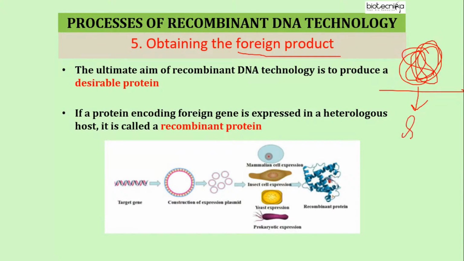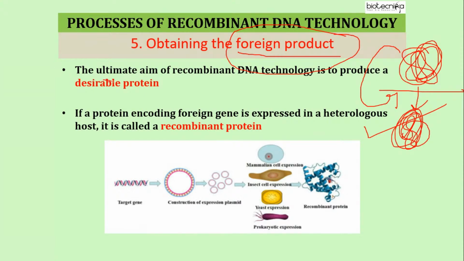At that time we will also have the protein of our gene of interest, because we have incorporated this gene into the host cell. This is called the foreign product, because this product was not present in the host, whether it is bacteria, animal, or plant.